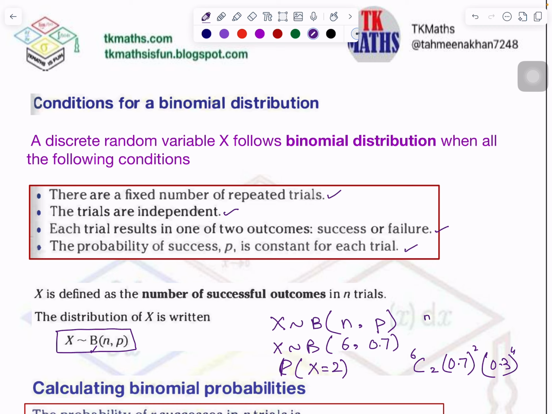Or in general, NCR, P^R, Q^(N minus R), when your X equals R and your distribution is B(N, P). So this is the whole of it, right?